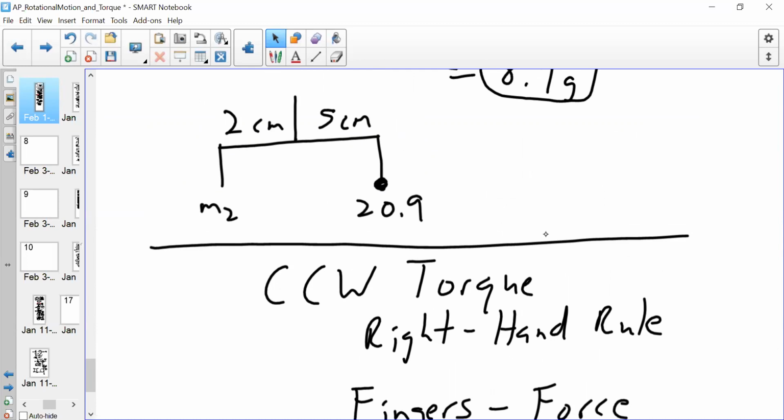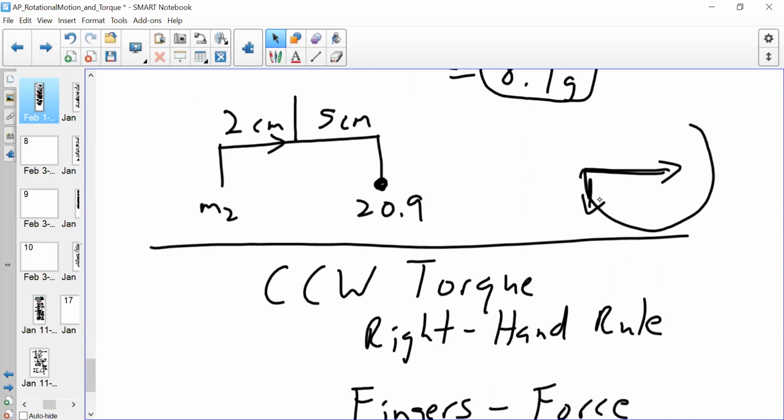So the direction of the radius for mass 2 is going to be pointing towards the axis. So therefore my radius points inward here, and then my force is going to be pointing down, counterclockwise rotation, right?